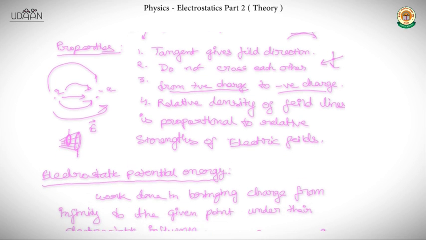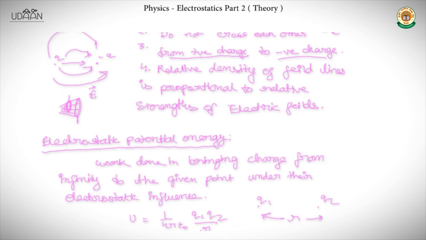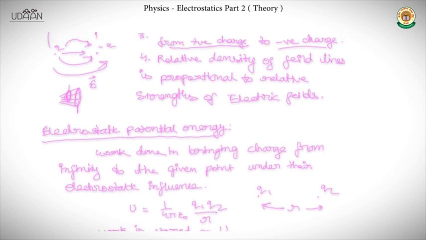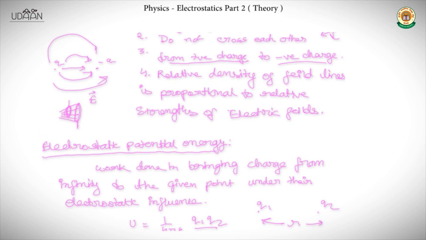If the electric field lines are more concentrated, that means the magnitude of the electric field is more at that point. That is why you get high electric fields near a point charge, because all the lines originate like this. At a far off distance, the field lines will be very dispersed, so the electric field there will be less.